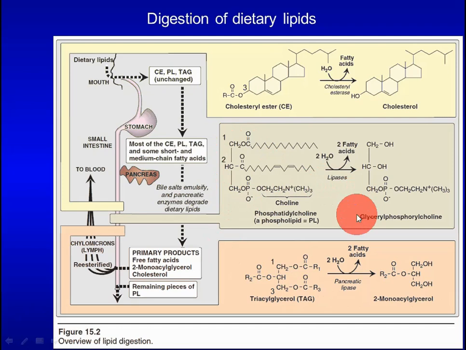The result is glyceryl phosphorylcholine. Here is cholesterol ester. One fatty acid is removed from position 3 by cholesterol esterase. Cholesterol is released.